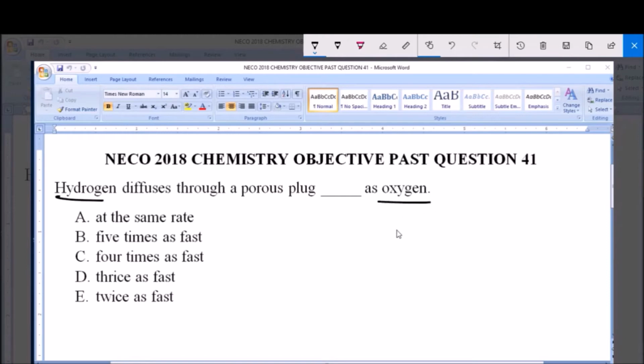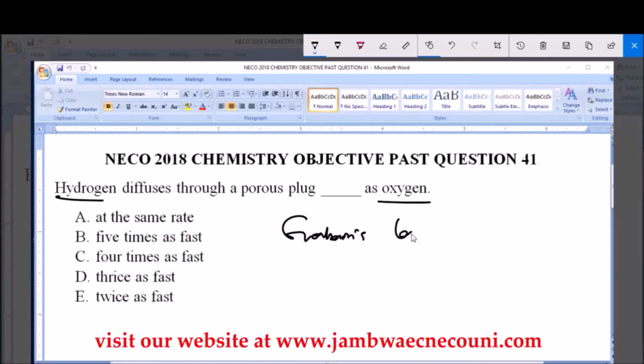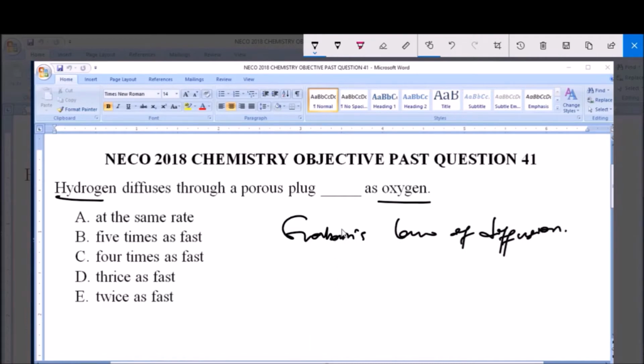And like we know, according to Graham's law of diffusion, the rate of diffusion of a gas is inversely proportional to the square root of the density. Also, you can say to the square root of the masses.